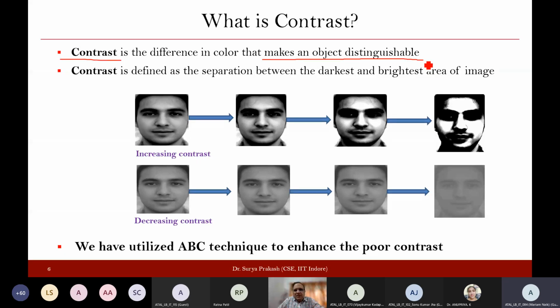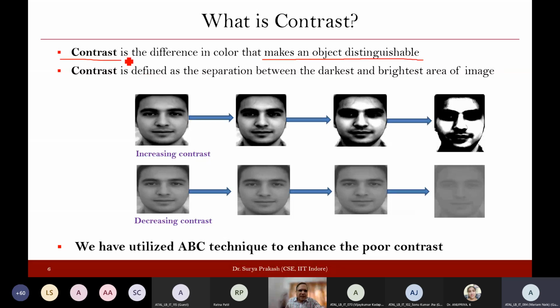If this difference is not proper, if it is too high, that means some areas are very bright and some are very dark, or if it is very low, that means all the areas in the image have almost similar intensity, then we will say that the contrast is poor.